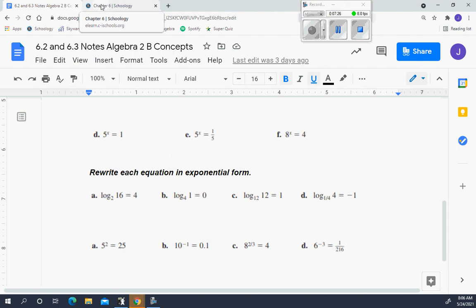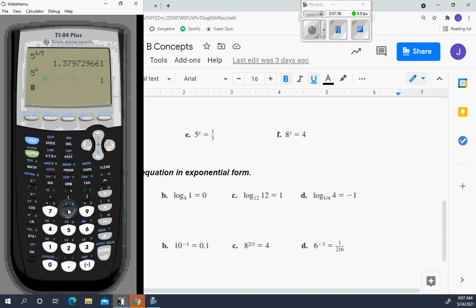Last one, 8 to the what power equals 4? It's not 8 to the 1/2. Some of us may be thinking that. 8 to the 1/2. We can check our work. 8 to the 0.5. Nope. It's bigger than that. What about 8 to the 2/3? Ah, yes. How did I know that?